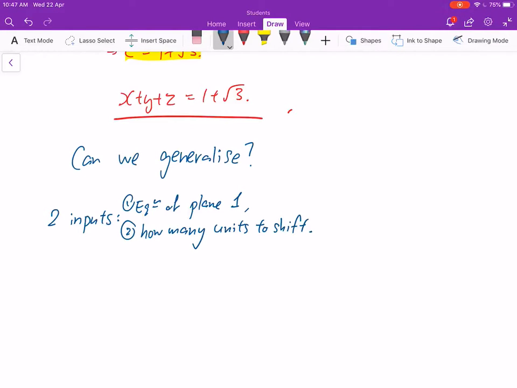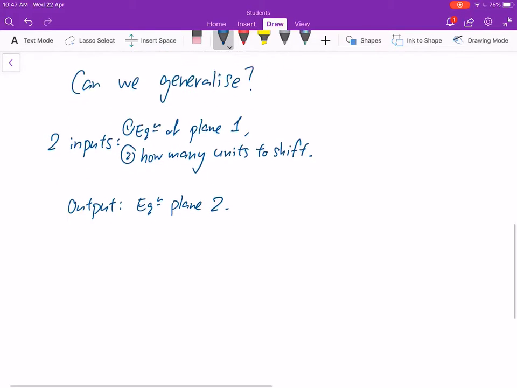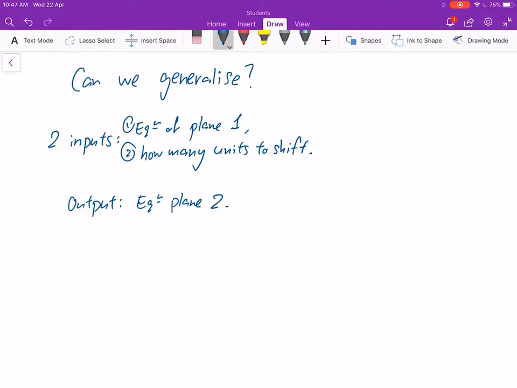What's the output that you want? Very good. So in a case of generalization, I want an equation that can represent any possible plane 1 that they can give me. And I want a representation of how many units that they can shift. Okay, now this is easy.